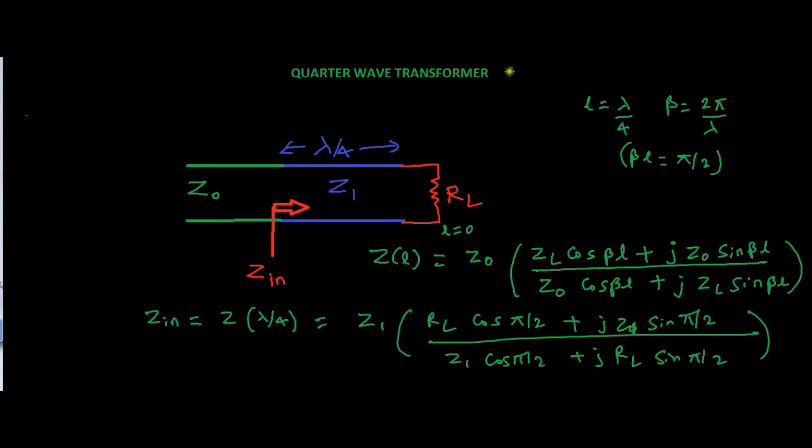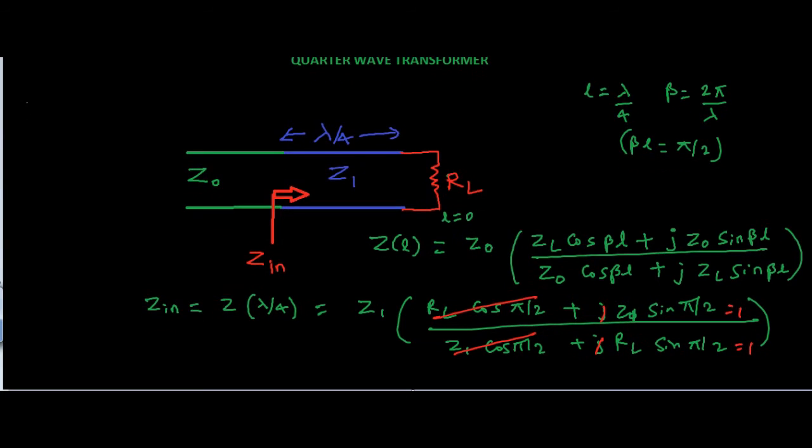So this term will vanish, and the j part in the denominator also will vanish. So Zin will be equal to, this is Z1, not Z0, the final equation: Z1 square upon RL.